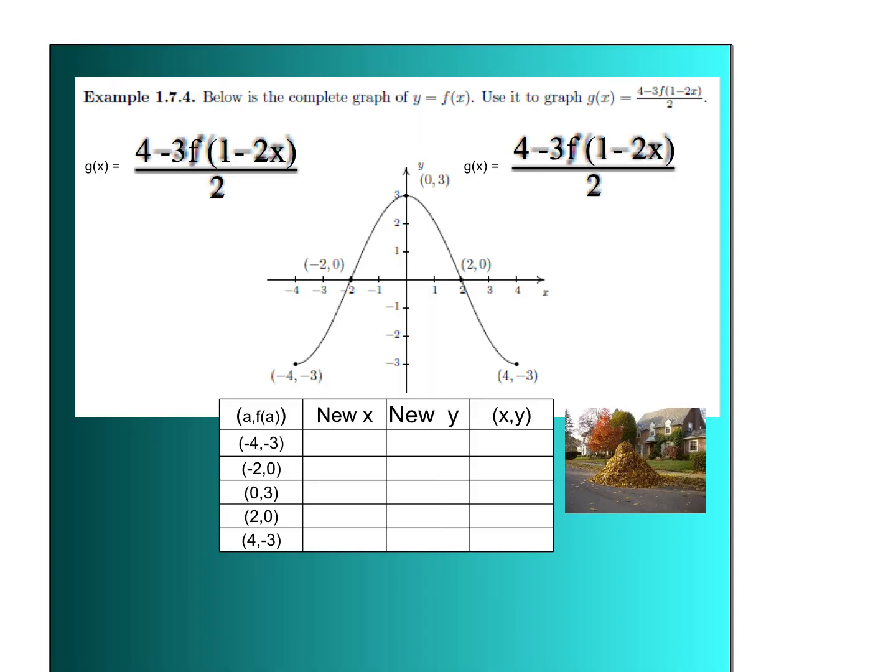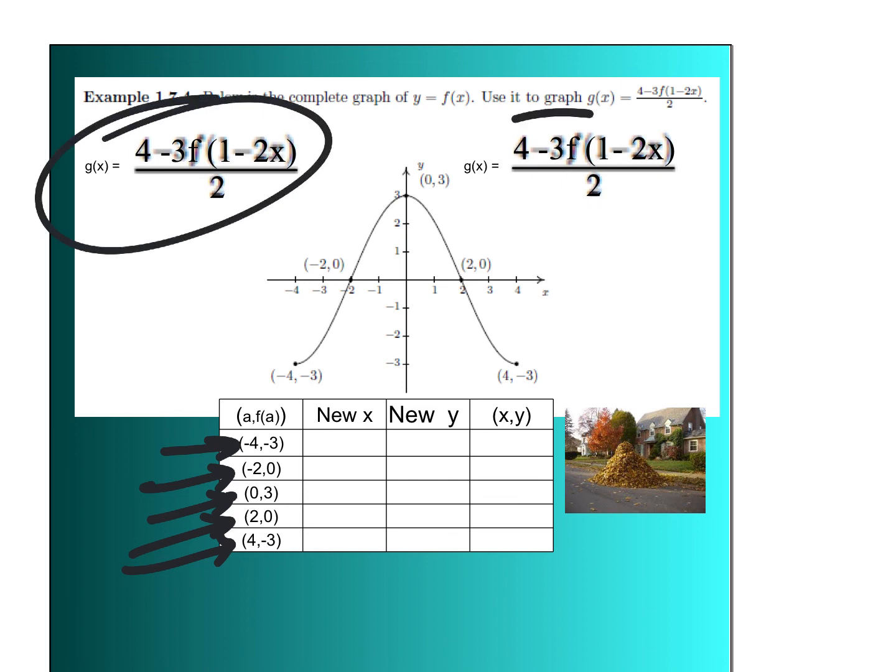All right. This looks super scary, but what if I told you it's the exact same thing? It's just that they gave you 5 points. Now we're running out of time, so I don't want to do all 5 points. And this is identical to this. They're the same thing. Don't stress about that.